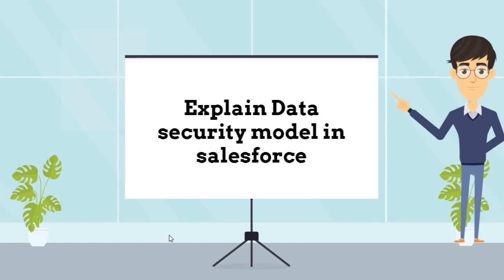In the data security model, there are two types of security we can give. First is org level, then record level. In org level, there are profile and permission set. Then it comes to record level, where there are four: OWD, role hierarchy, sharing settings, and lastly manual sharing. You have to completely explain each and everything in that question.